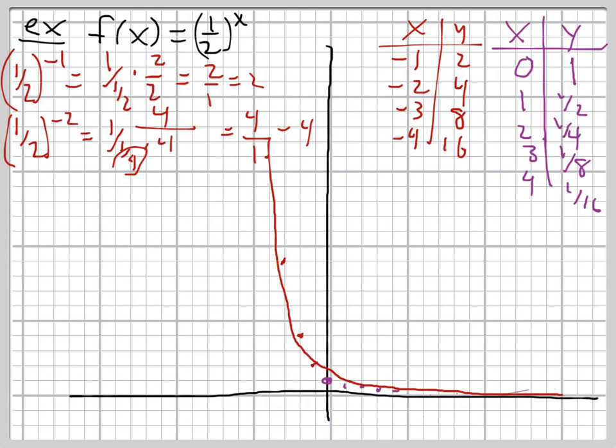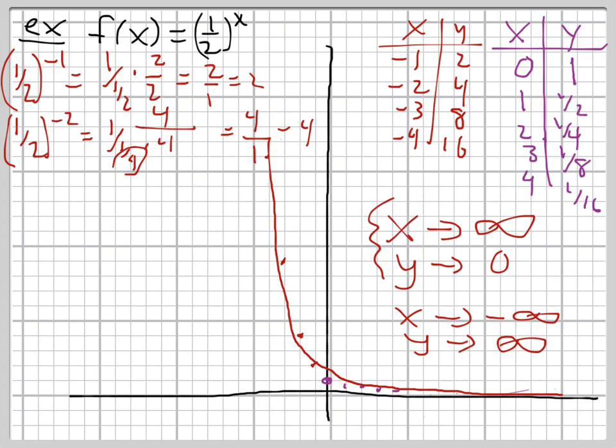Okay, so in this case we had 1/2 to the x, and as x gets bigger, what's going on here? Is y going to infinity? Negative infinity, 0. Yeah, it's going to 0, isn't it? And what if x goes to negative infinity? Where's y going? This time positive infinity.